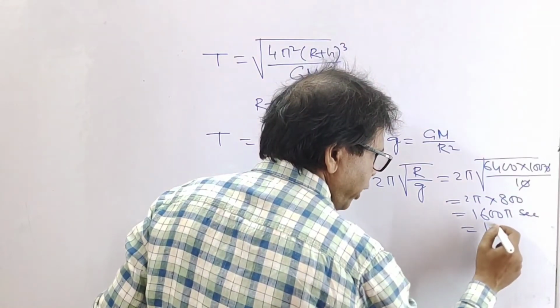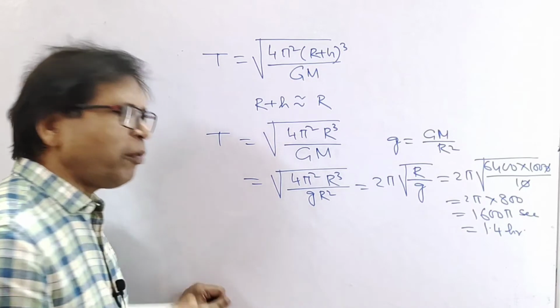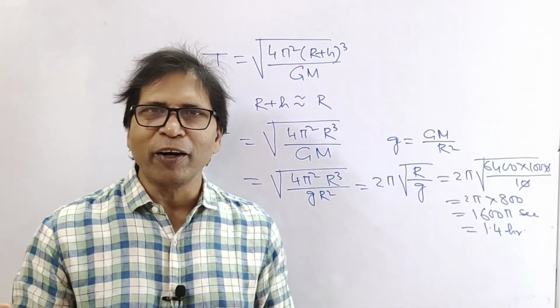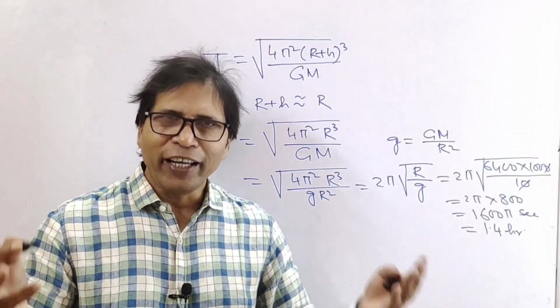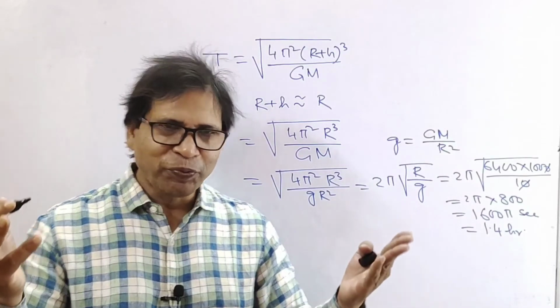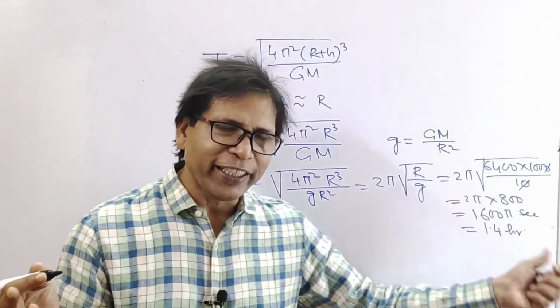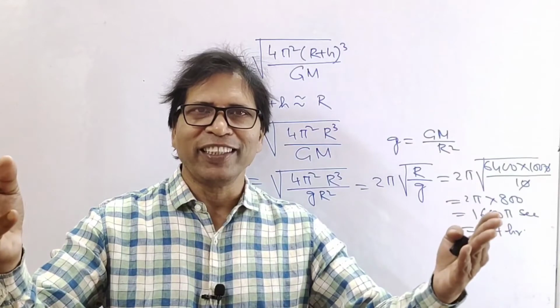It is almost equal to 1.4 hour. Therefore the minimum period of revolution of a satellite is 1.4 hour or 84 minutes. So the time period of a satellite must be greater than 84 minutes.